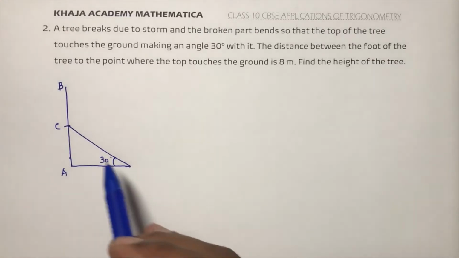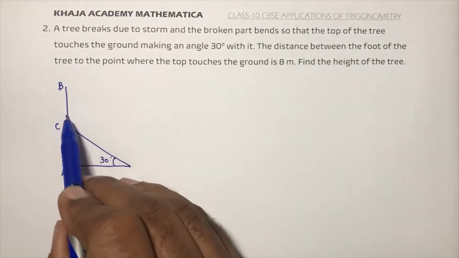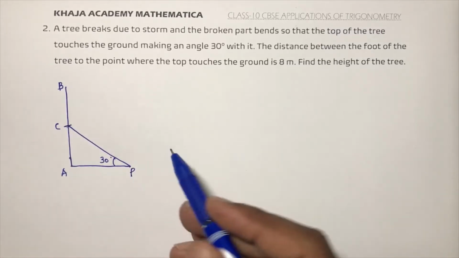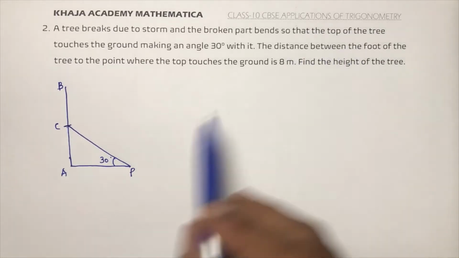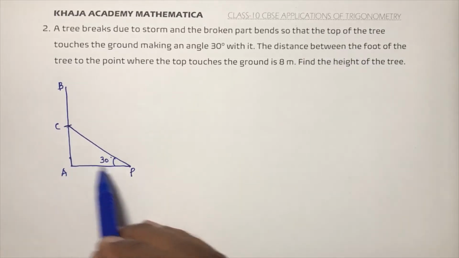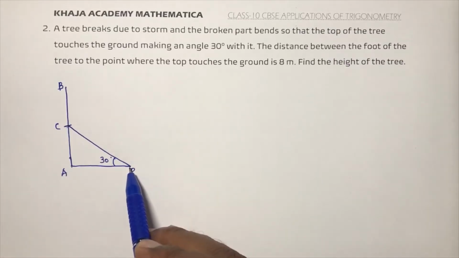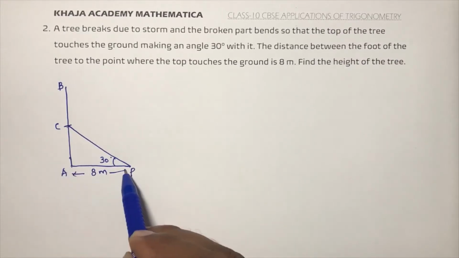So total tree was like AB, but here it broke and the broken part BC fell here, touches the ground at a point P. Now the distance between the foot of the tree and where the top touches the ground is 8 meters.